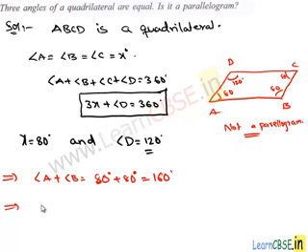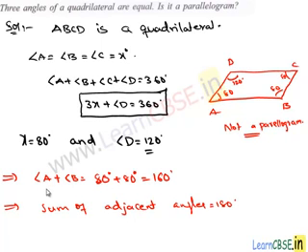From the properties of a parallelogram, the sum of adjacent angles is 180 degrees. Since here the sum is not equal to 180 degrees, we say that ABCD is not a parallelogram.